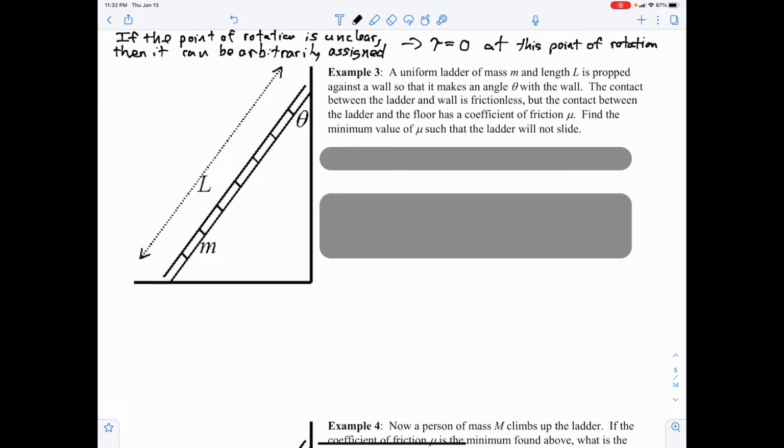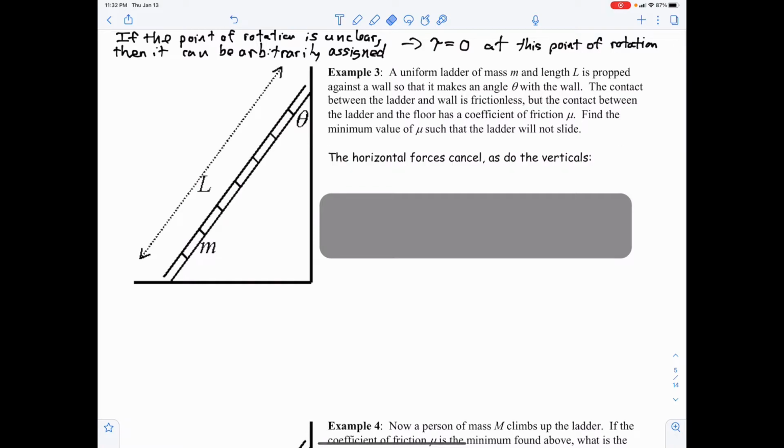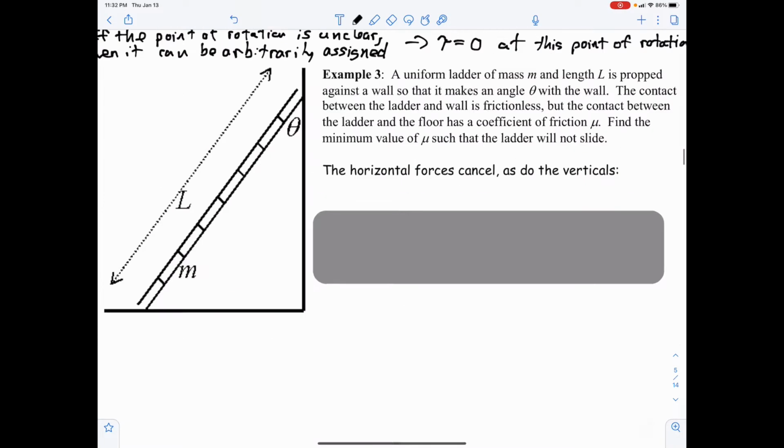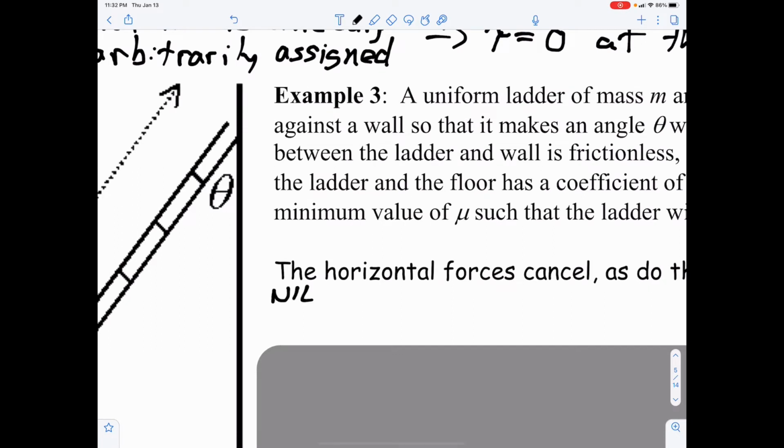Now what that means is the horizontal and vertical forces are balanced. In other words, Newton's first law is a concept in this problem, which means the total net force in every direction equals 0, and we're going to use that to find friction.